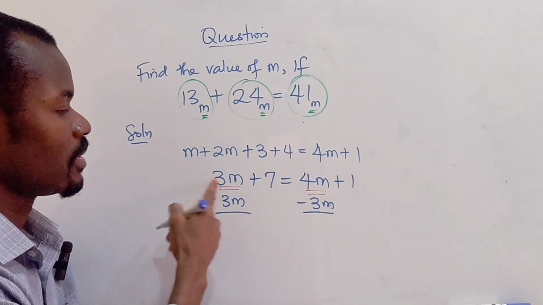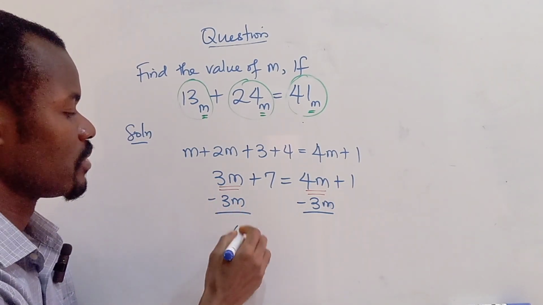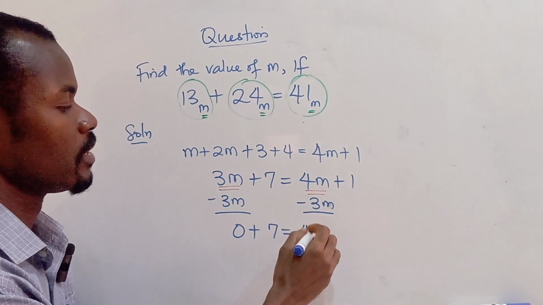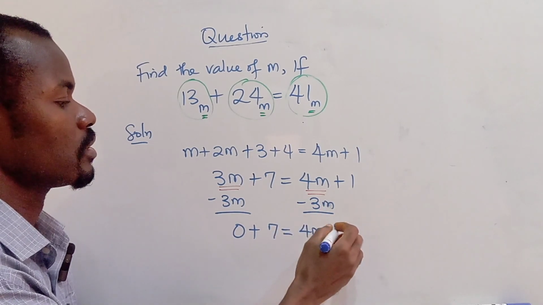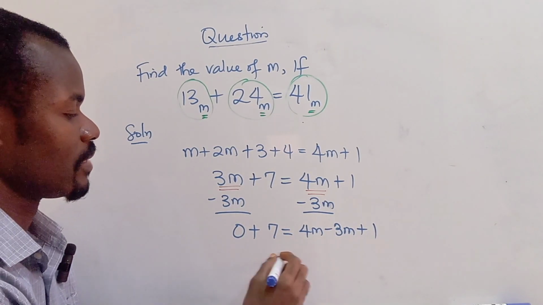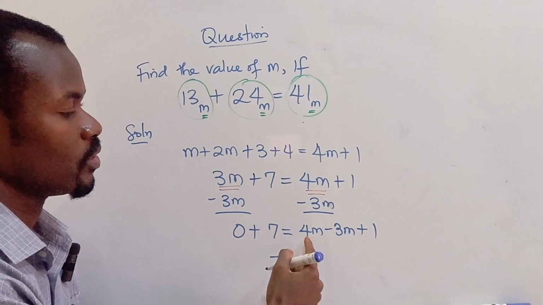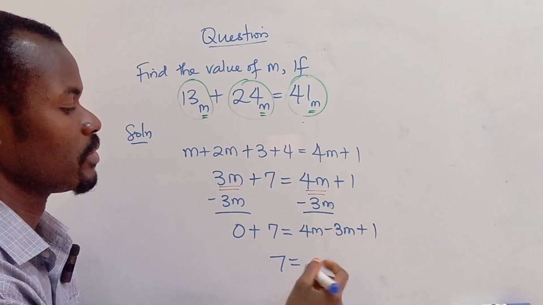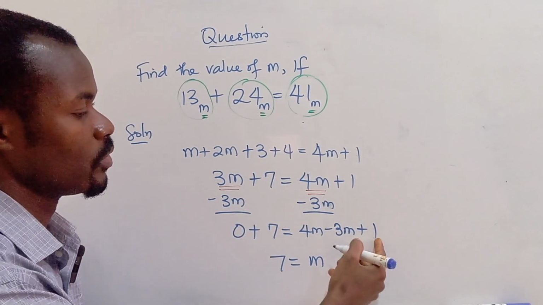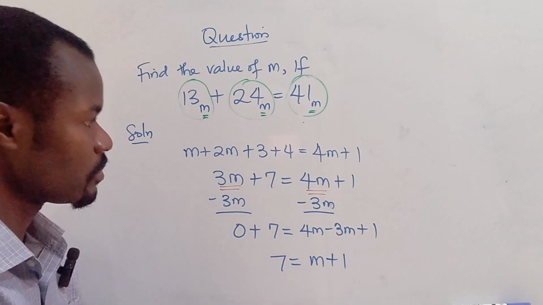So 3n minus 3n is 0, so I have 0 plus 7, is equal to 4n minus 3n plus 1. So 0 plus 7 is 7, which is equal to 4n minus 3n, which gives us n, plus 1.